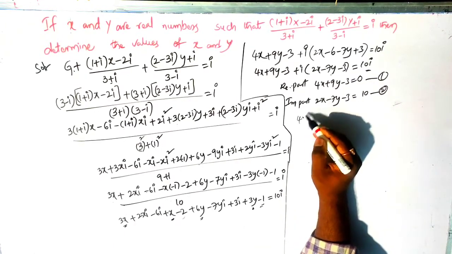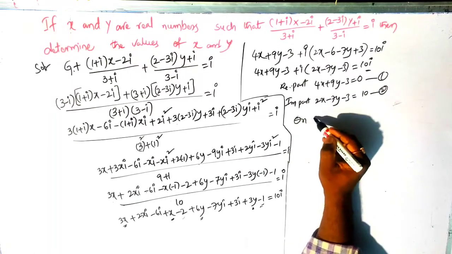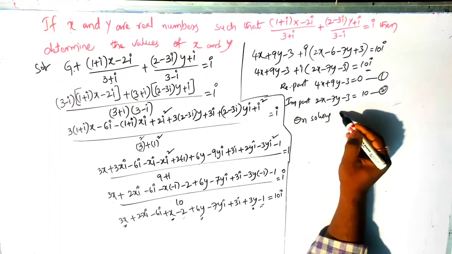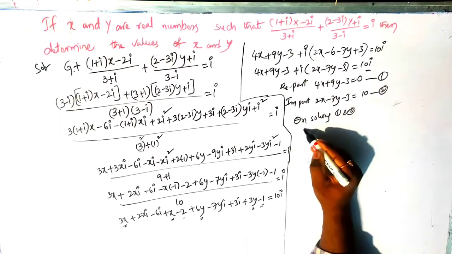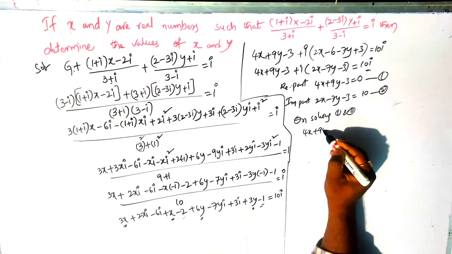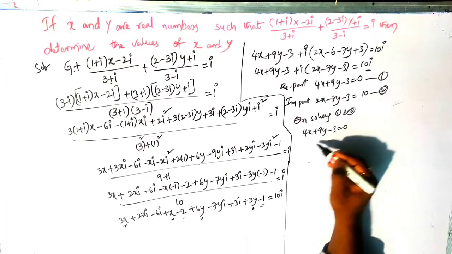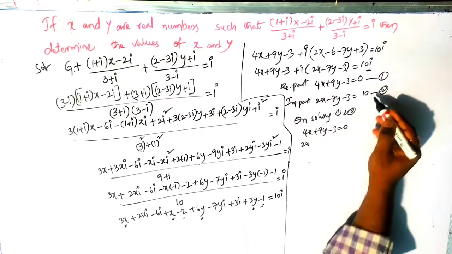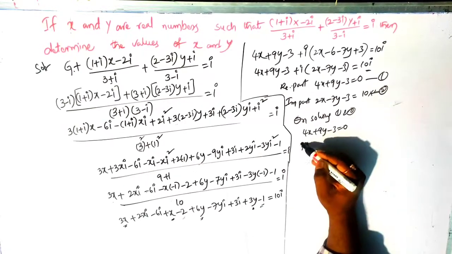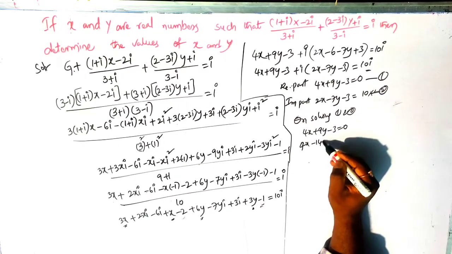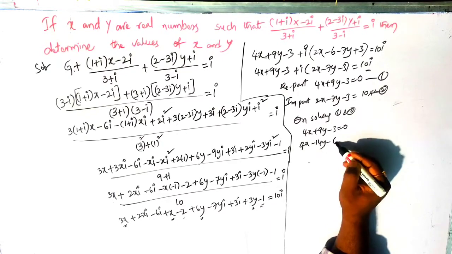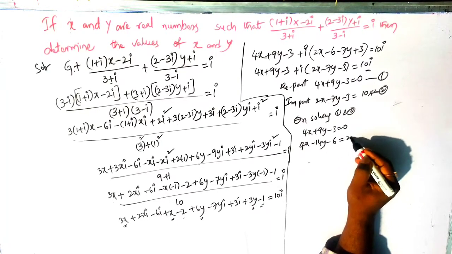So we are solving 1 and 2. On solving 1 and 2, what we get here? 4x plus 9y minus 3 is equal 0. And 2x, so multiplied by 2, what we get here? 4x minus 14y minus 6 is equal to 20, we get here.